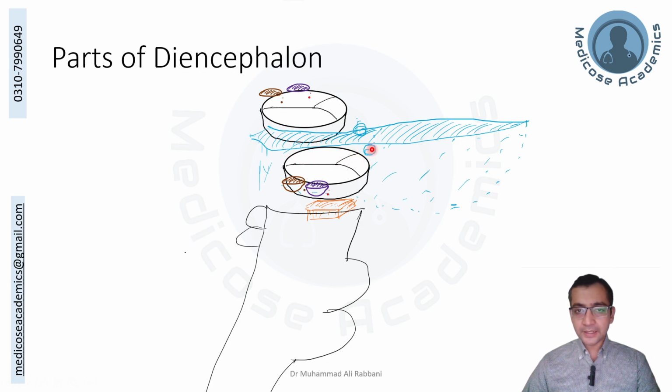Just where the anterior end of thalamus is, here the third ventricle communicates laterally with the lateral ventricles, and the openings, the connection between the third and the lateral ventricles, are called foramen of Monro. So you will see both of them on either side in front of anterior end of each thalamus.